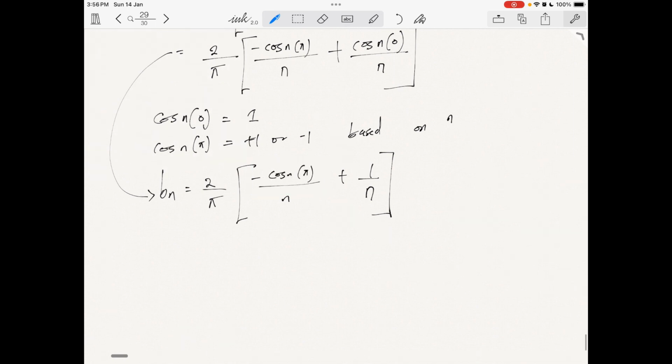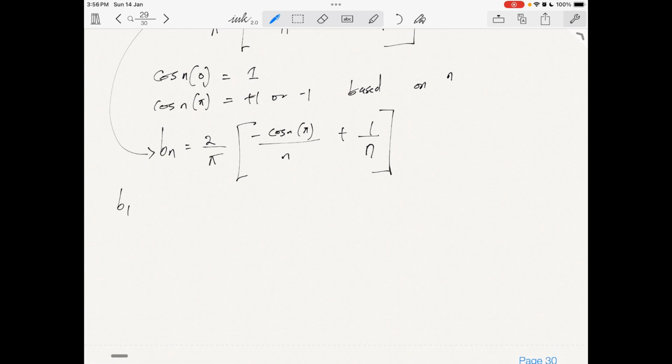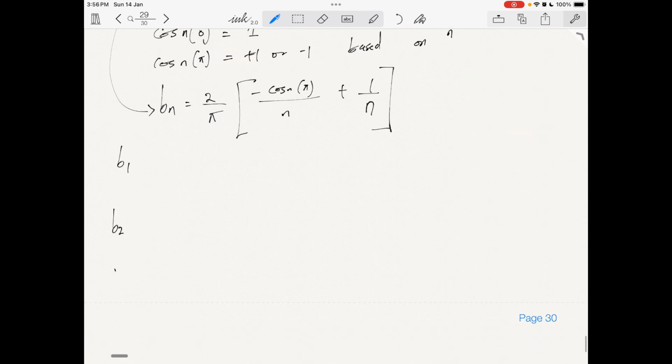Now because of the variation of cos n pi being plus 1 or minus 1, there is need for us to evaluate B1, and there's also need for us to evaluate B2 and others. So we can evaluate B1, B2, B3, B4 down to B5.